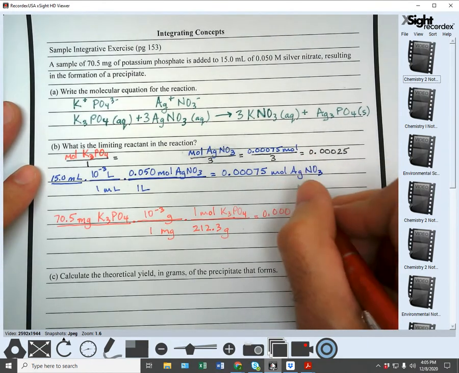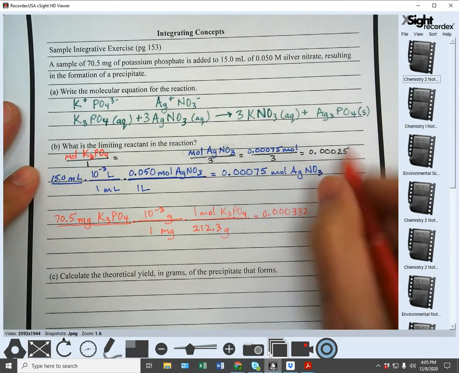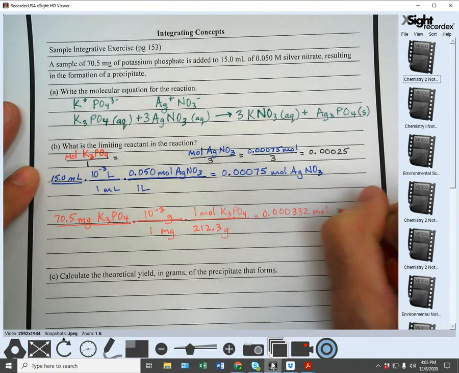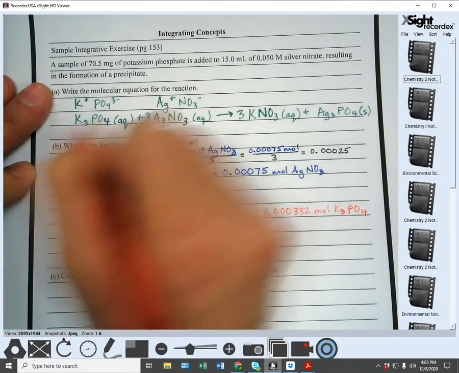So 332 moles of the K3PO4. Okay, so that we're going to put up here.